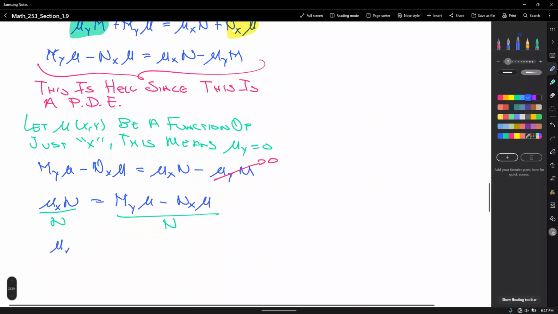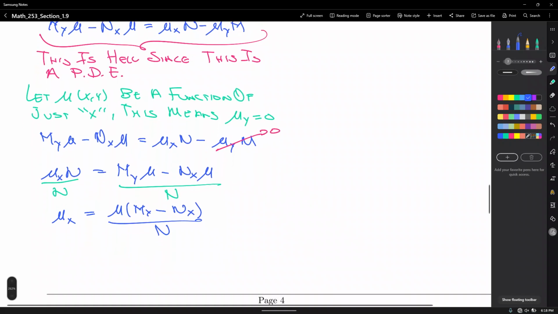This will be mu with respect to x, and I'm going to factor mu in the numerator of the right hand side. So m with respect to y minus n with respect to x, everything divided by n. And when you see this mu with respect to x, that makes you think of a partial derivative because of the subscript notation.